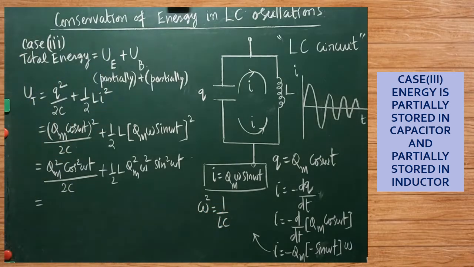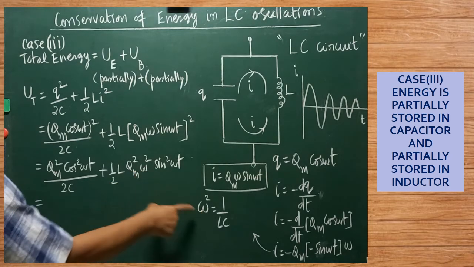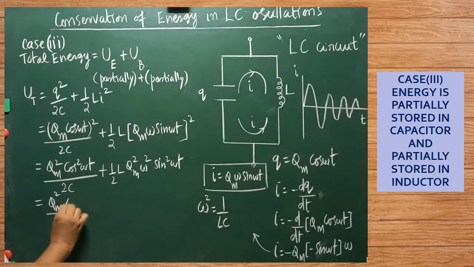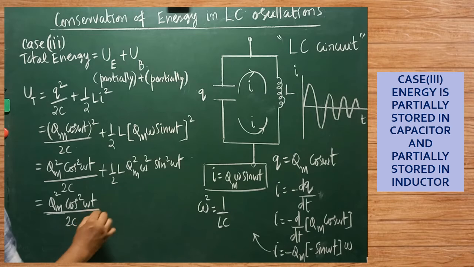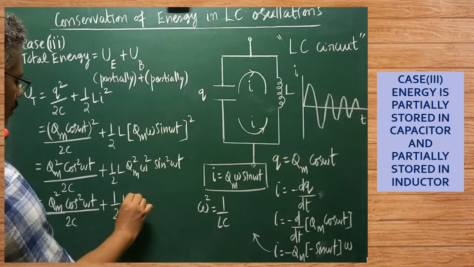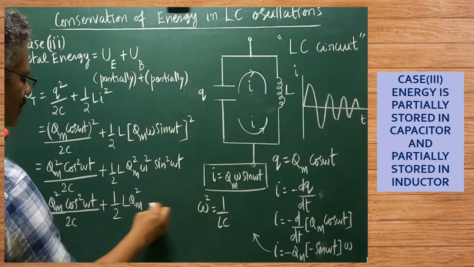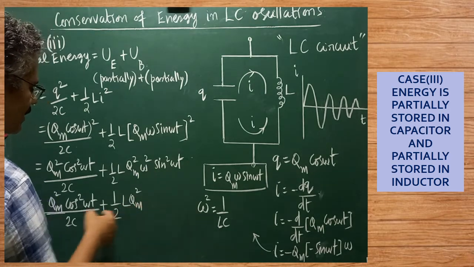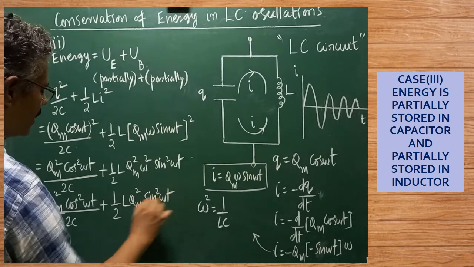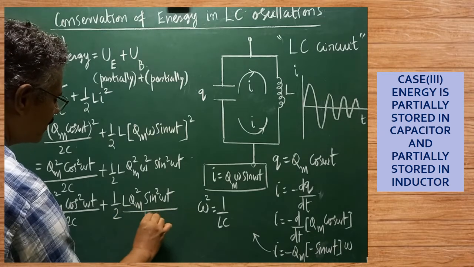Are you clear? Instead of omega square, substitute 1 by LC. So the next expression is Qm square cos square omega t divided by 2C, plus half L Qm square sin square omega t divided by LC.